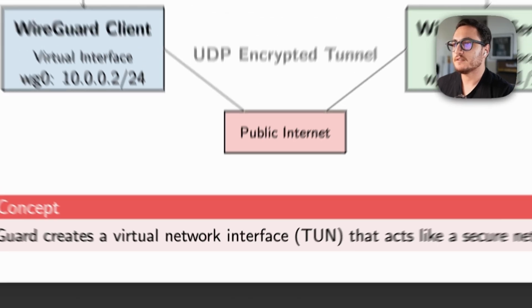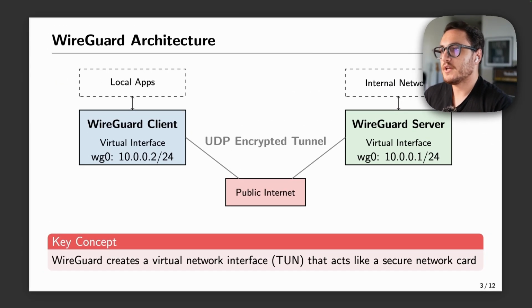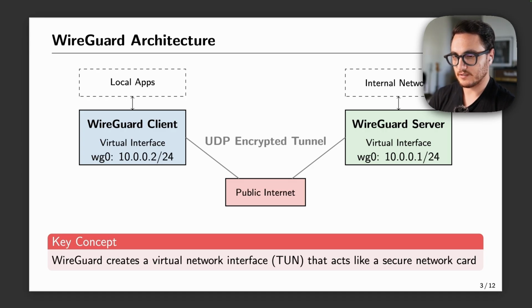So we have seen that OpenVPN works at layer 4, so works at the TCP and UDP level, so that's where the encryption happens. We saw that IPSec works at layer 3, so at the IP level, so there's no notion of TCP or UDP, so that allows to save a little bit in terms of MTU.